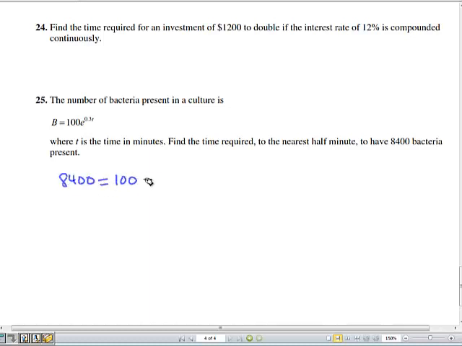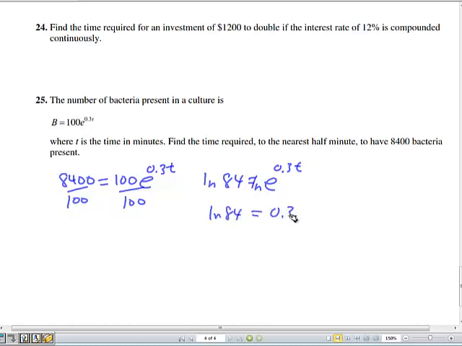That's equal to this, the 0.3T. We're solving for T. Divide by 100. 84 is equal to e to the 0.3T. Natural log of both sides, and we get natural log of 84 is equal to 0.3T. Divide by 0.3.